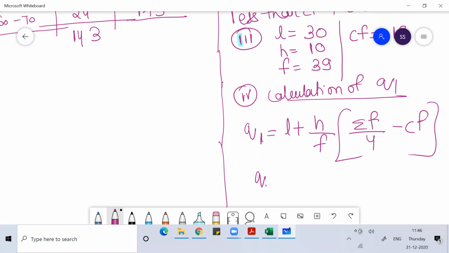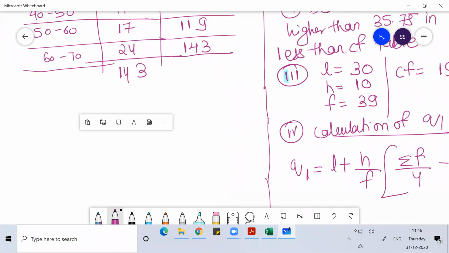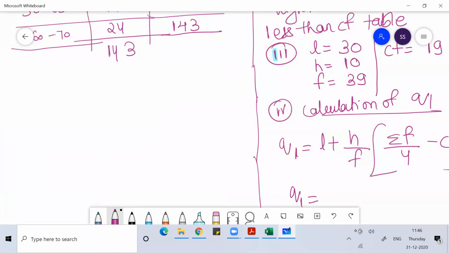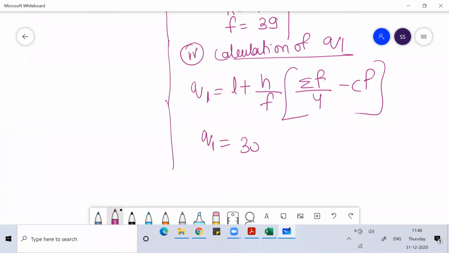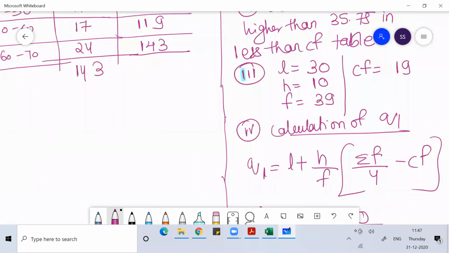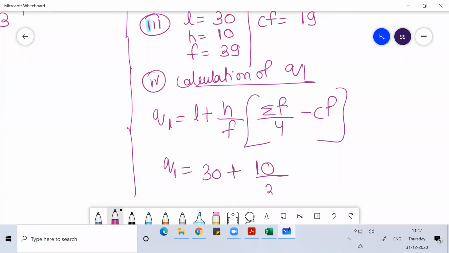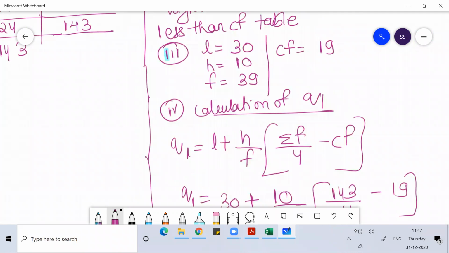The lower limit is 30, plus h, the height, is 10, by the frequency 39, times sum of f by 4, where sum of f was 143, 143 by 4, minus the cumulative frequency before it, that was 19.